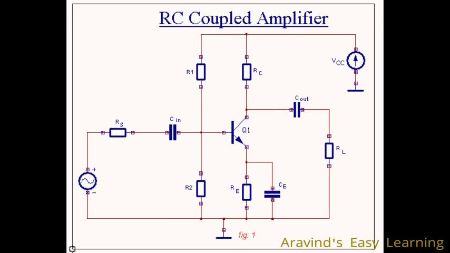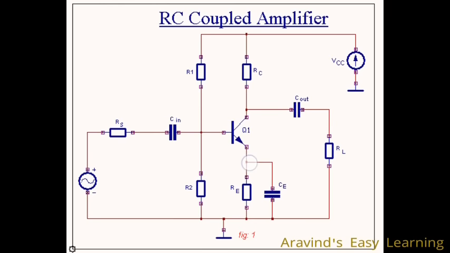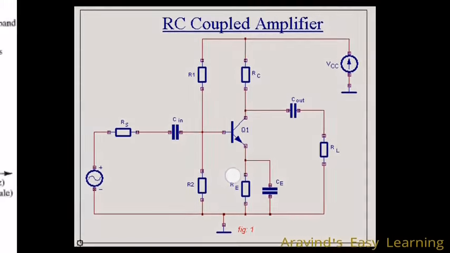This capacitor, CE, is known as the bypass capacitor. Why is it called so? You see, when the current flows, there should be a current IE. And if this IE was allowed to flow through the resistor as I am showing now, it would have produced a significant drop. This drop will actually reduce the VBE voltage.